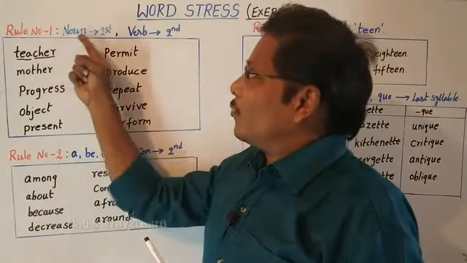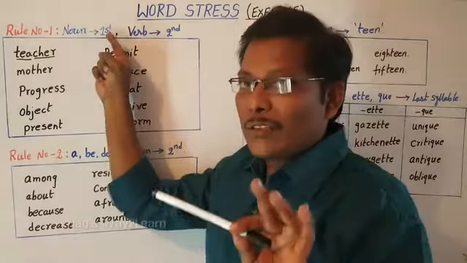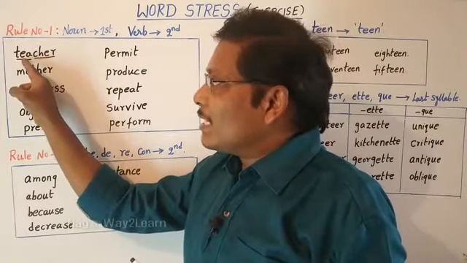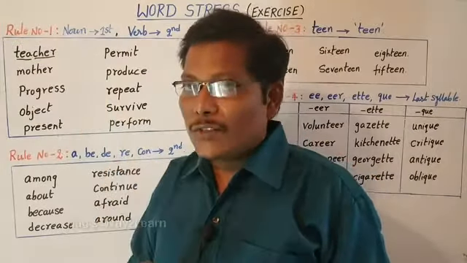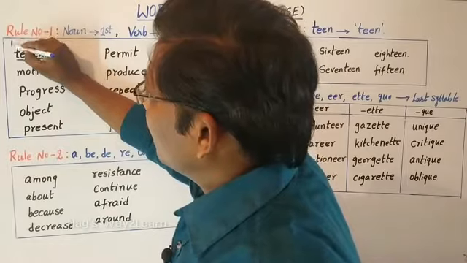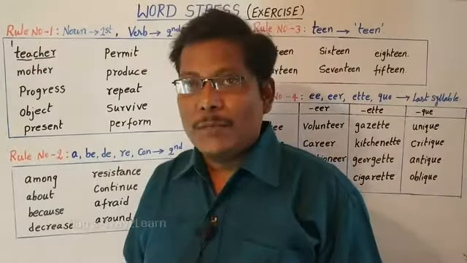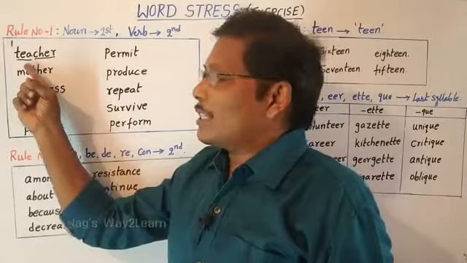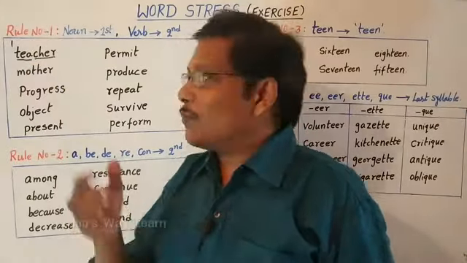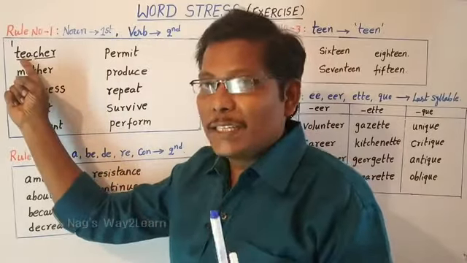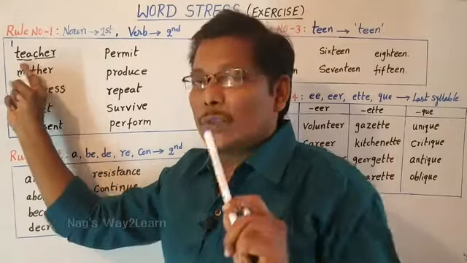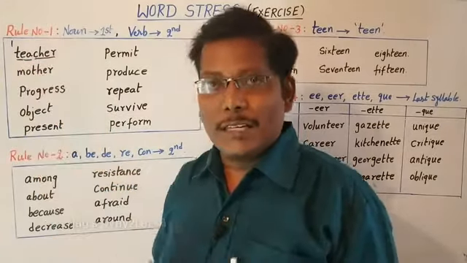According to the rule, for the nouns, the stress should be on the first syllable, T-E-A. Then it should be pronounced as teacher. That means we apply higher force on the syllable tea, lower force on the syllable cher.